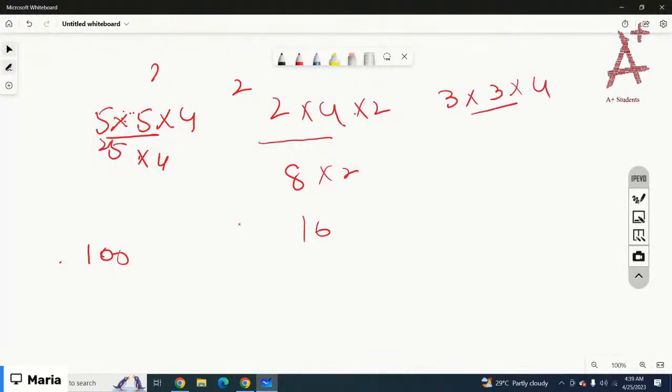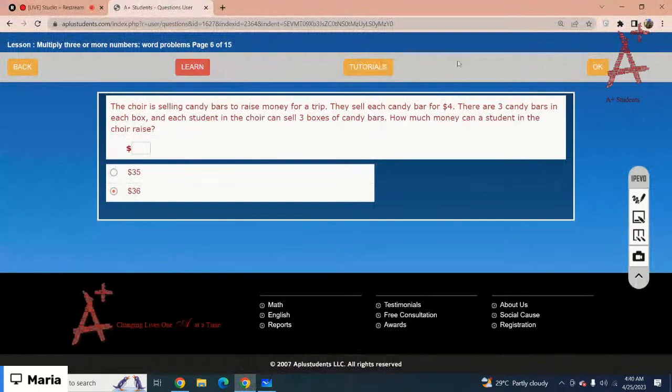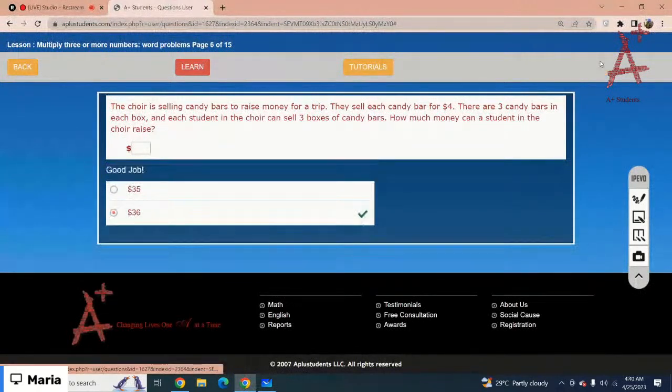So 3 times 3 is 9, and 9 times 4 makes 36. Got it? So the correct option is $36.